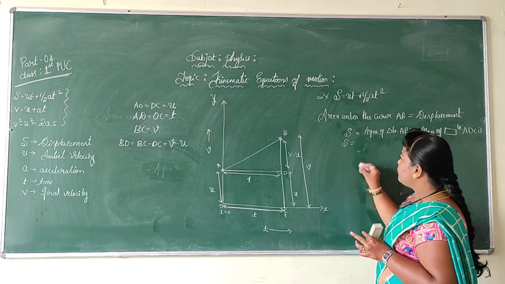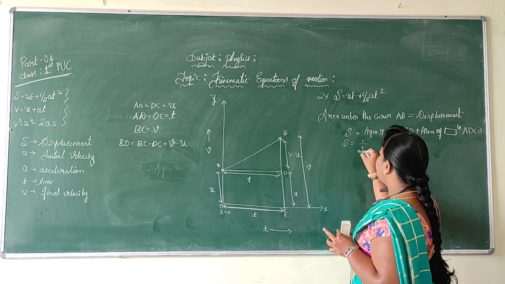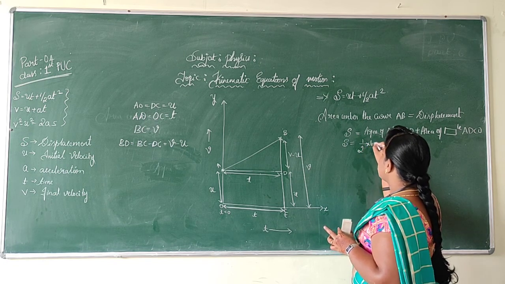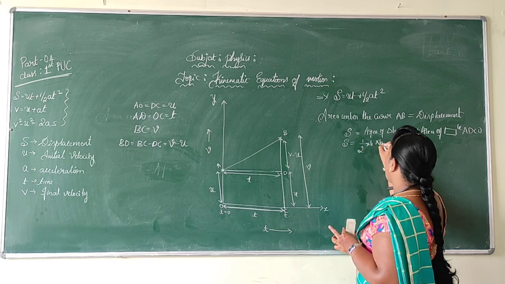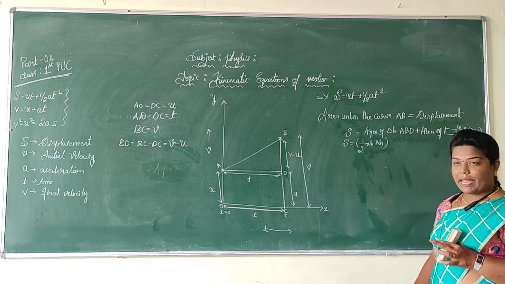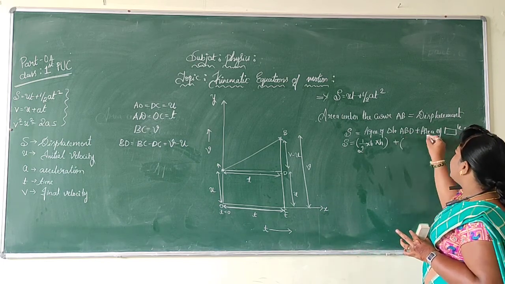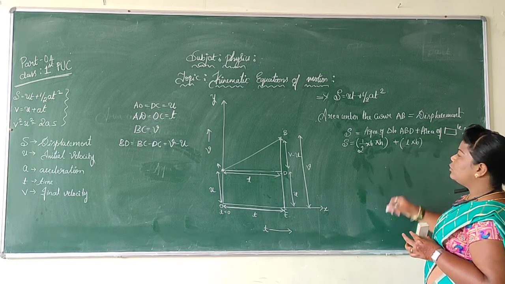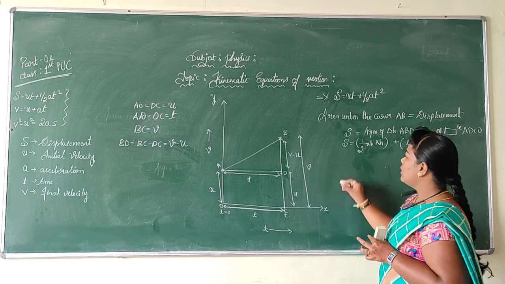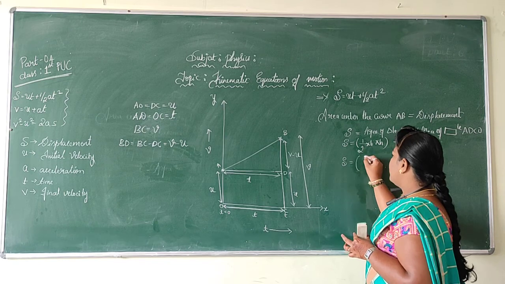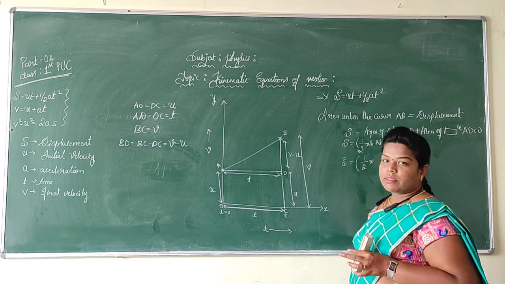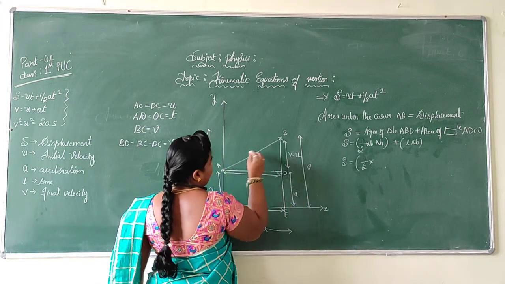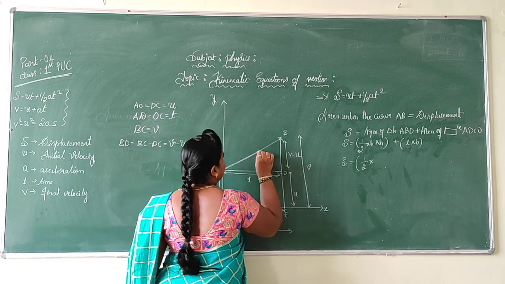You know that the area of a triangle can be written as half into base into height, plus the area of the rectangle, which can be written as length into breadth. S is equal to. Now let us see the diagram. So the area of the triangle ABD, observe this one.